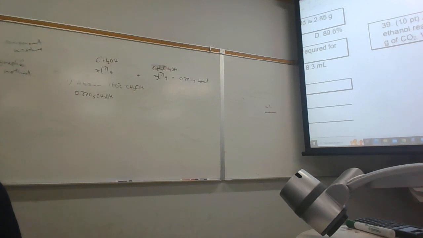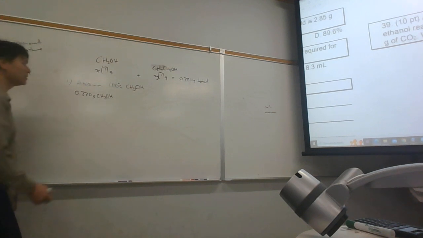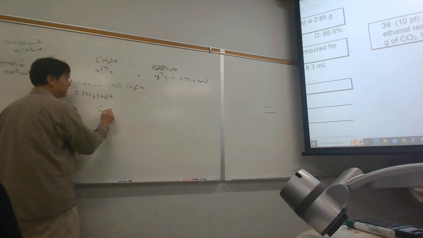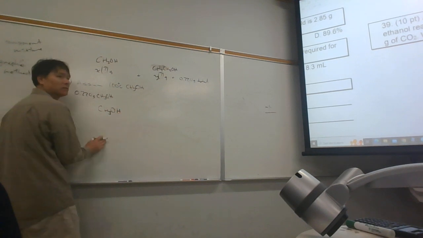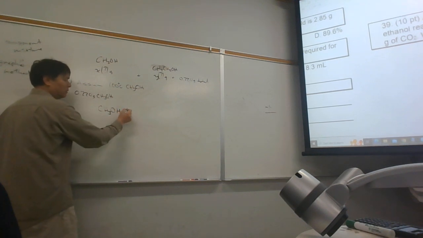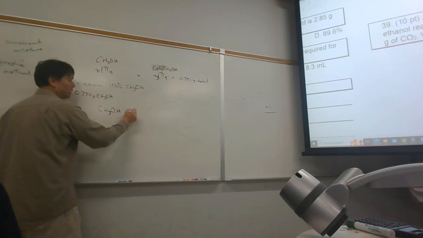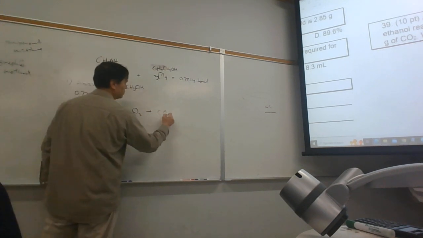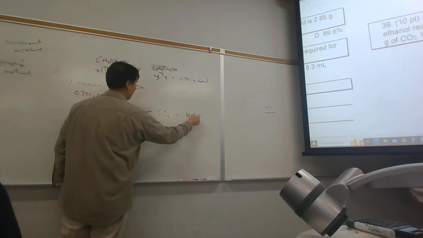In a straight stoichiometry problem, the first thing we need is a balanced chemical equation. And so let's go ahead and write the equation for combustion of methanol. CH3OH combusts with what? Air. What in air does it combust with? Oxygen. Yields what? CO2 plus H2O.